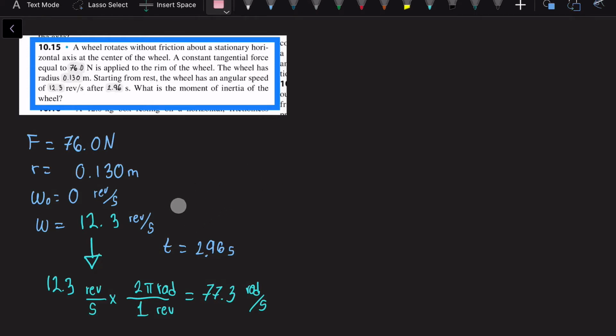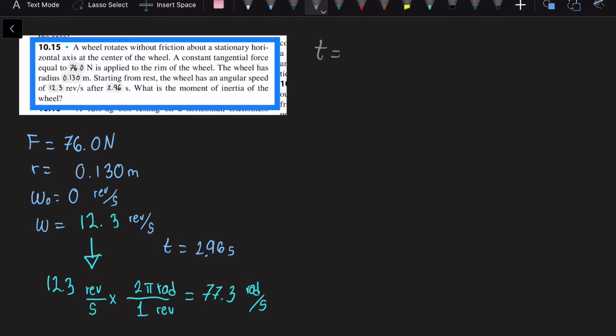The angular velocity, we're going to convert to radians per second, and I did the equation right here. It's 77.3 radians per second.